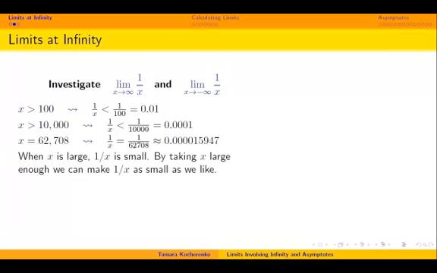So when x is large, 1 over x is small. In fact, by taking x large enough, we can make 1 over x as small as we like. Therefore, according to the definition, the limit of 1 over x as x approaches infinity equals 0.